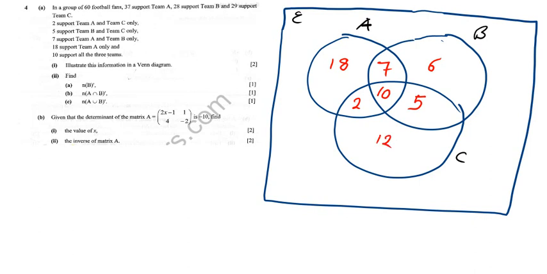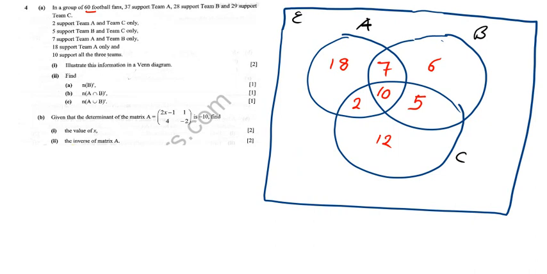After you're done filling, you add all the values to see if you are getting the 60 which you are given. If you don't get 60, let's say we get 59, you subtract 60 minus 59, and that answer you write outside here. So you add 18 plus 7 plus 10 plus 2 plus 6 plus 5 plus 12.